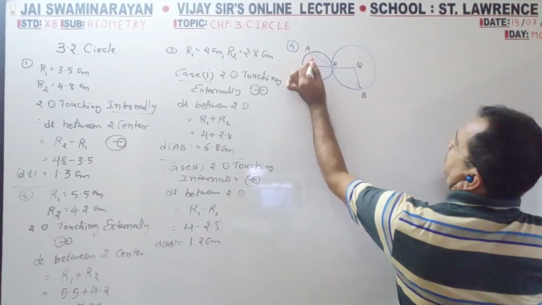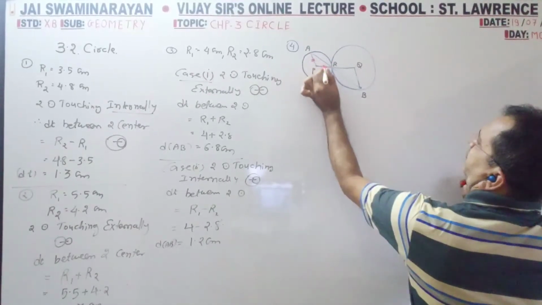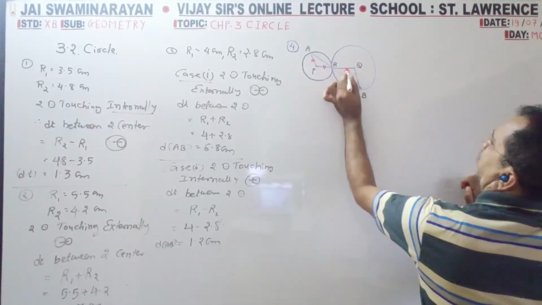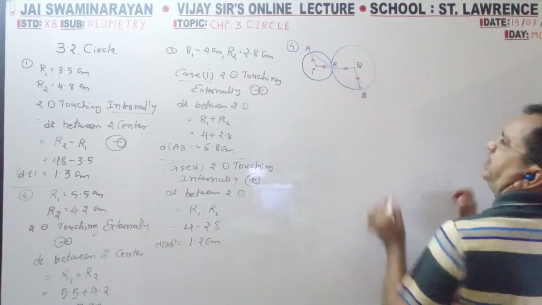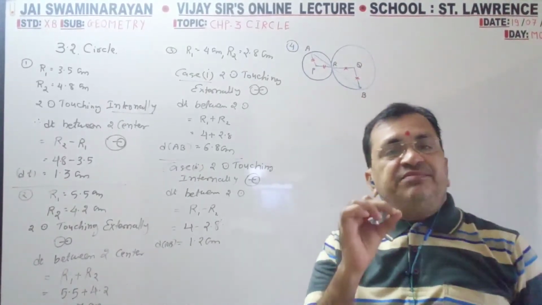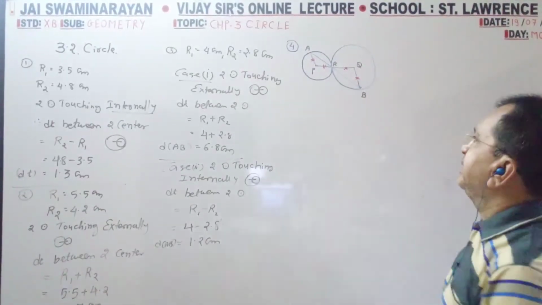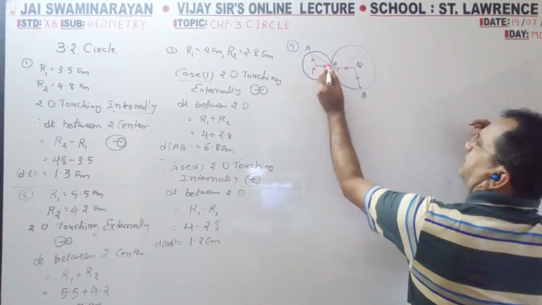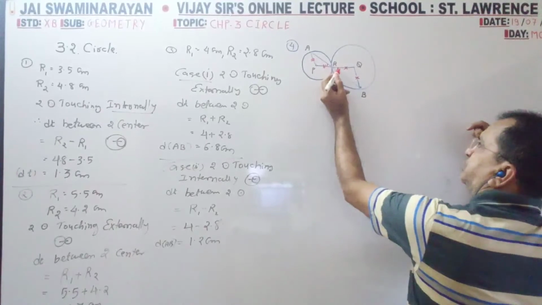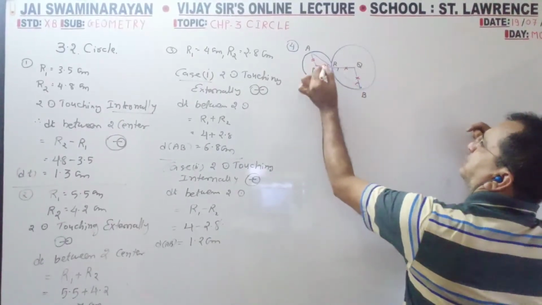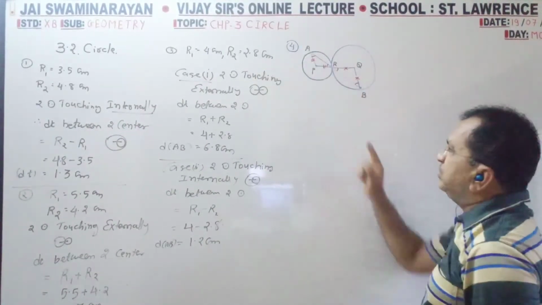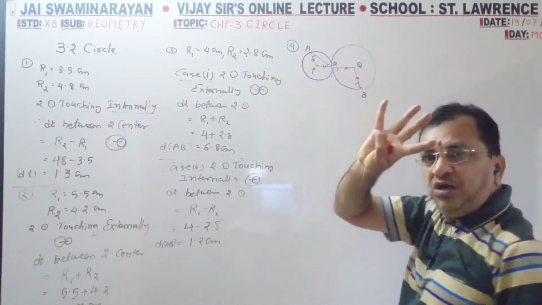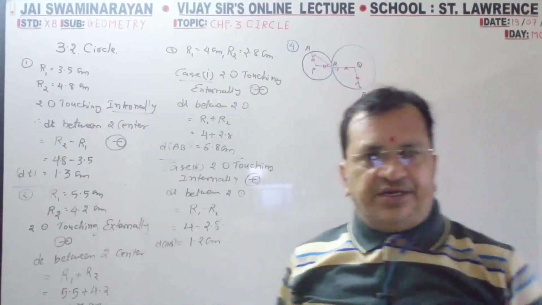AB, PA is equal to PR and QR is equal to QB, radii of the same circle, and this is equal to this because vertically opposite. So this equal to this, so this equal to this, isosceles triangle. So all 4 angles are congruent. That we will show.